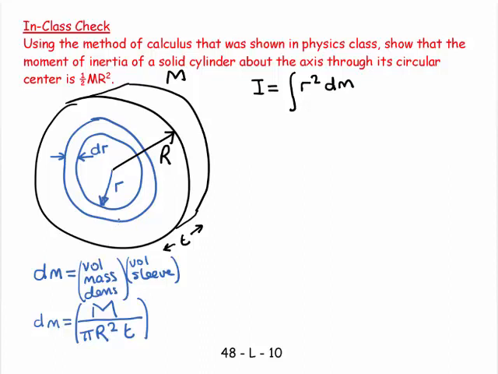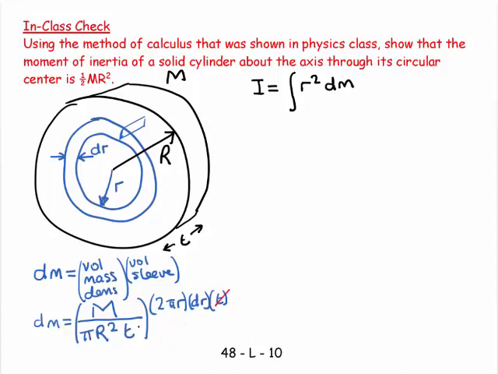And the volume of the sleeve, imagine taking this sleeve out and cutting it and unrolling it. What we see is that there's a circumference, that's 2 pi r, little r of course, not big R, and then there's a little width, dr, and then there's a thickness, T.